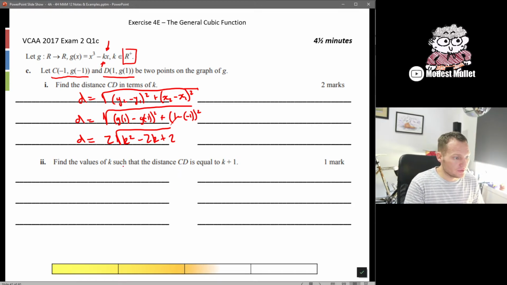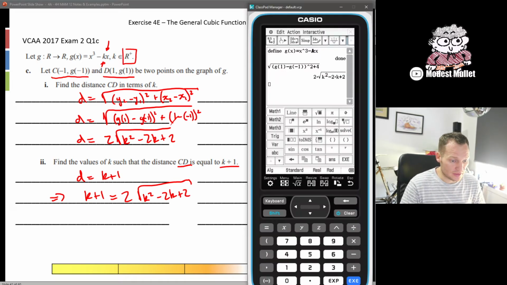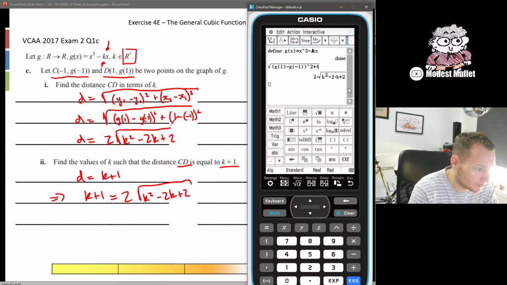Part 2 is find the values of k such that the distance CD is equal to k plus 1. So we want d equal to k plus 1. It's quite clear that k plus 1 is going to be equal to that formula we had before, 2 square root of k squared minus 2k plus 2. And again, we can use our ClassPad to solve that. So we've now got k plus 1 equals, and we want to do a solve actually.